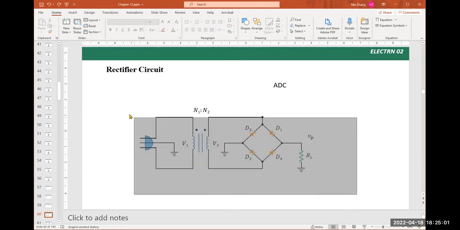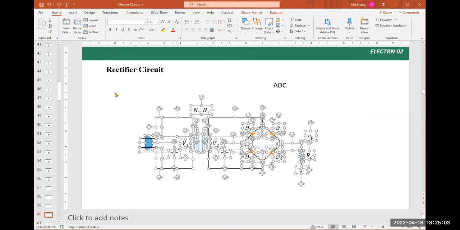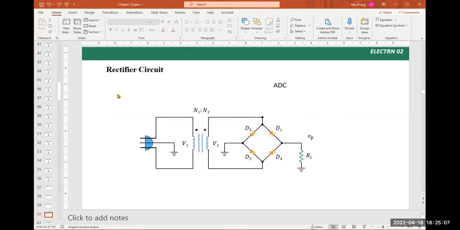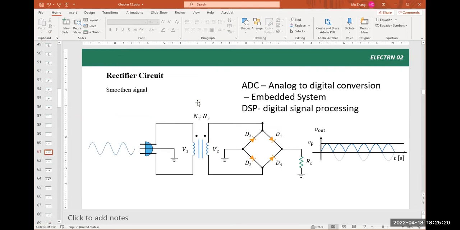So here, this circuit is one kind of rectifier, and a rectifier is a circuit that converts analog signal, such as sine wave, to digital circuit. I mean, direct current. So here has some pictures.